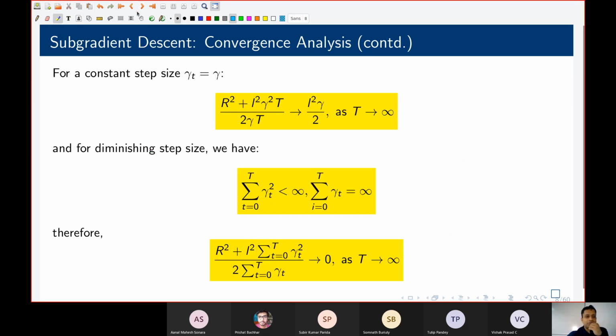Okay, now you see why those conditions were required. So what will happen to this? This is finite, the denominator becomes infinite, this goes to 0 as t tends to infinity. Is that clear?